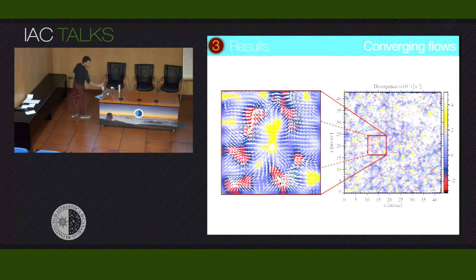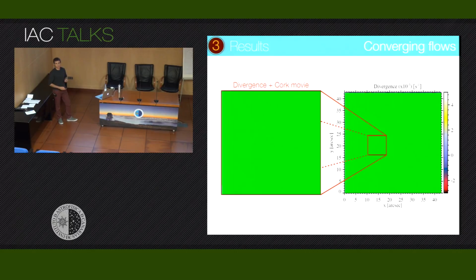Now, first, we want to somehow identify those boundaries. In order to do that, we use cork movies. So we put one virtual cork at each pixel, and we let them be advected by these horizontal flows.